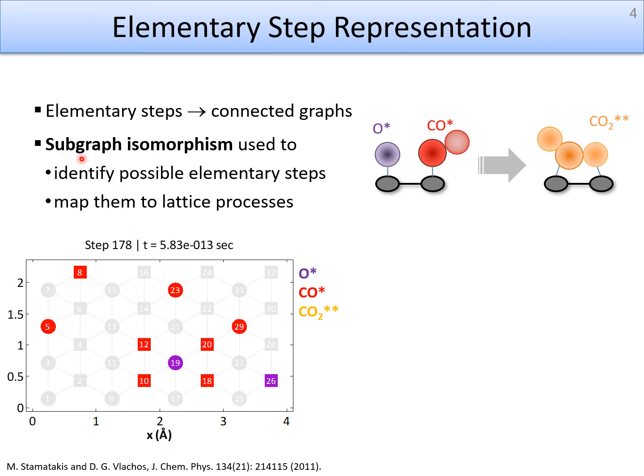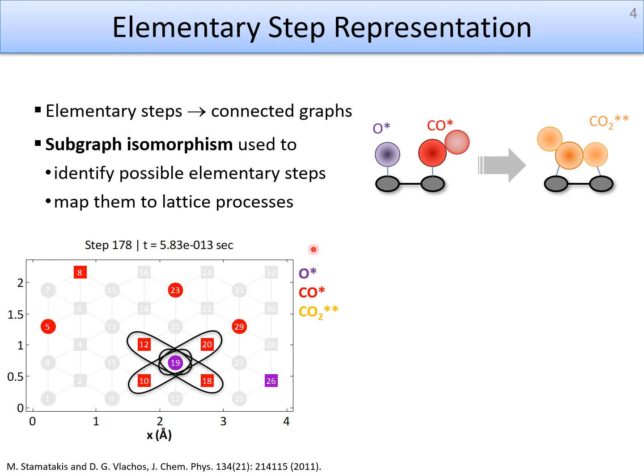So solving the subgraph isomorphism problem will allow us to identify all the possible elementary steps that may happen on the lattice and map them to lattice processes. So let's look at this here. We would like to detect patterns in which an oxygen and a CO are occupying neighboring sites. So here are the possibilities: 1, 2, 3, 4 patterns. So any of these could be a valid reaction in the next Kinetic Monte Carlo step.